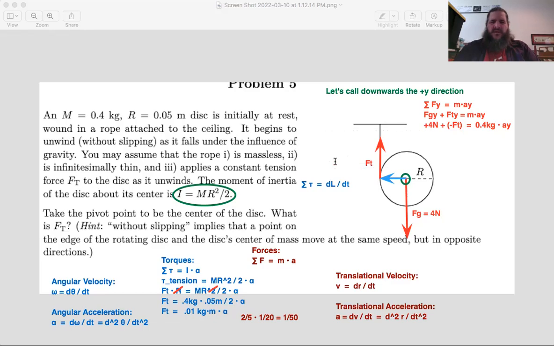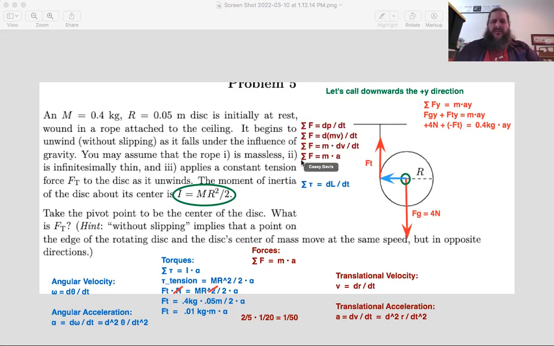Take it out. Yeah. So we end up with sum of the forces equals mass times dv over dt. And what's dv over dt? What do we call the derivative of velocity? Acceleration. Yeah, exactly. That's the translational acceleration.